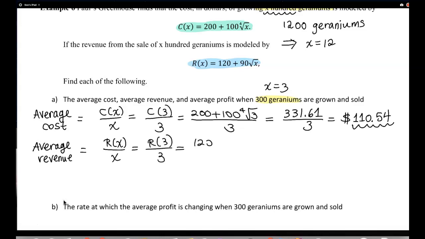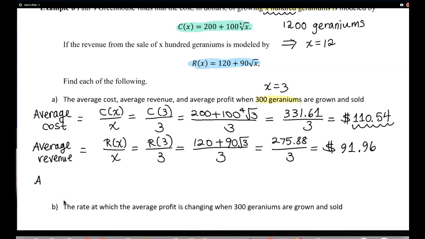So if I plug 3 into the revenue function, the x gets replaced by 3, and I will divide that amount by 3. 120 plus 90 times square root of 3 is 275.88, and I will divide that by 3. Oh no, $91.96. You know why I said oh no? The cost is bigger than the revenue.